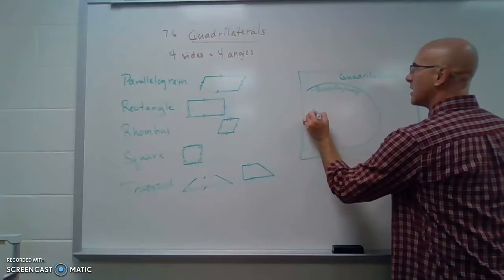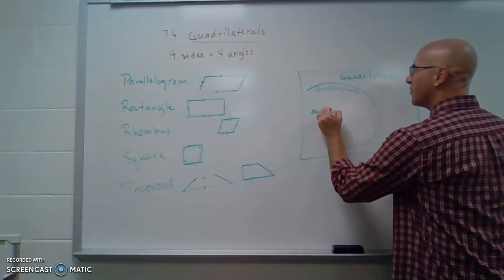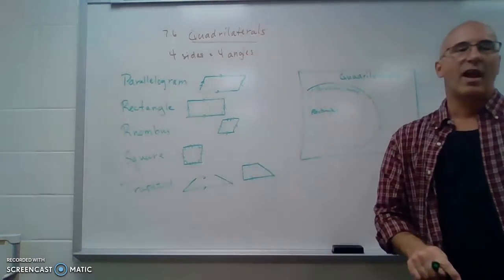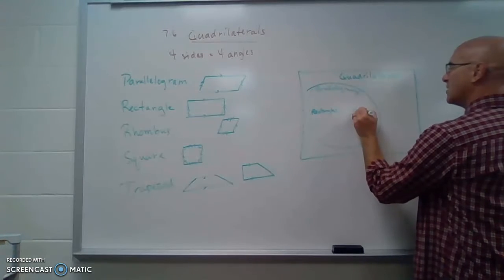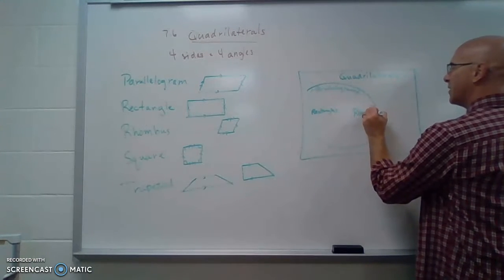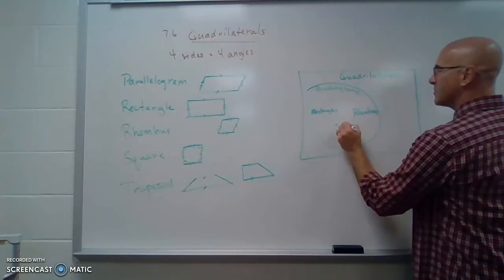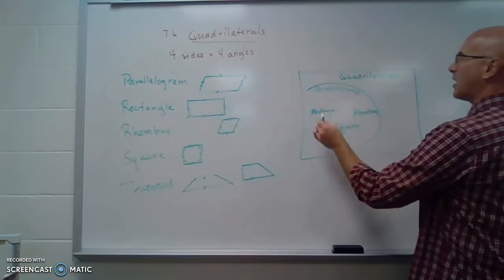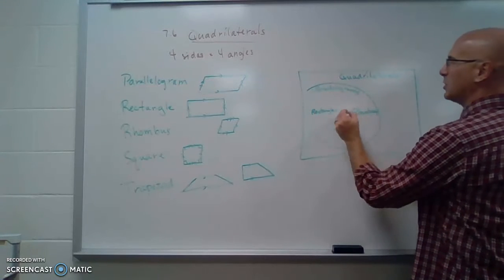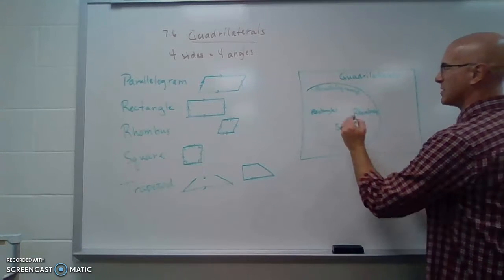We have rectangles, and then we have rhombuses, and we have squares. Okay? So our parallelograms include rectangles and rhombuses.